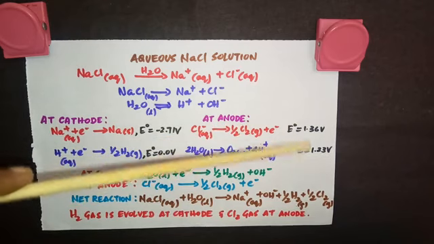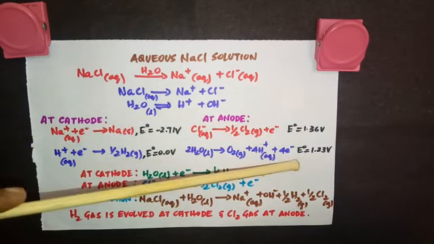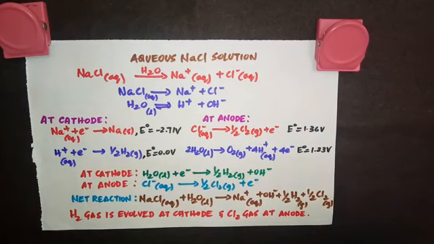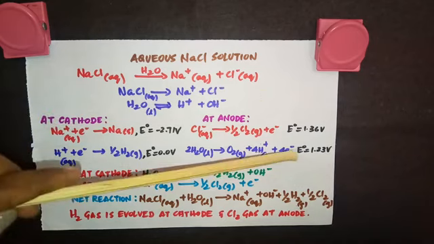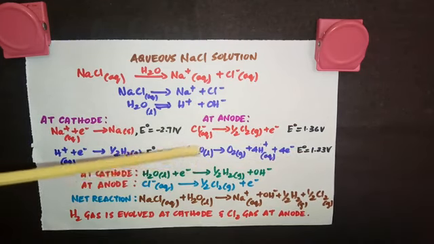Now look for the E0 value. 1.36 volt for chlorine and 1.23 volt for oxygen. And we know since oxidation is taking place at the anode, the species or ion with lower E0 value will get oxidized. So this has got a lower E0 value, so we expect this reaction to happen.